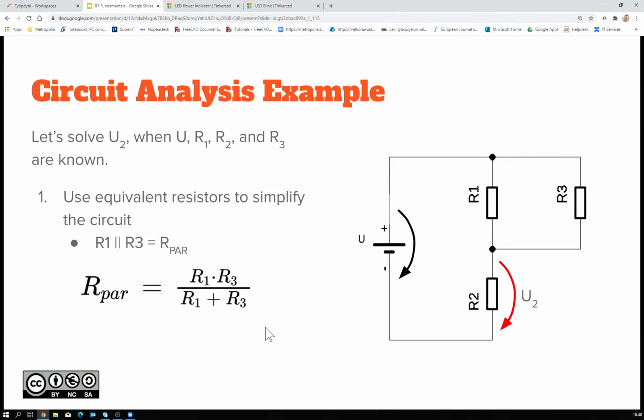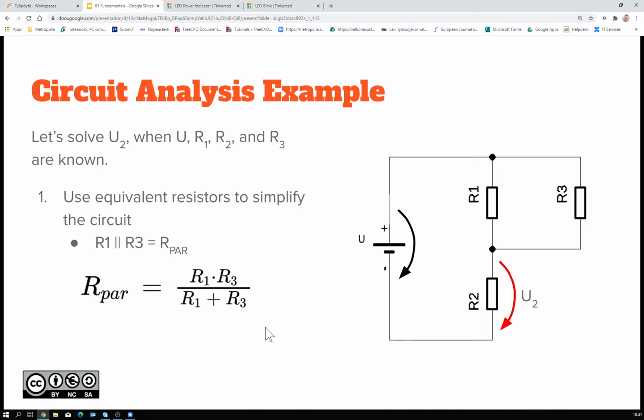And now we can take our first circuit analysis example, solving that U2 voltage over the R2 when this voltage supply is known and those resistor values are known.